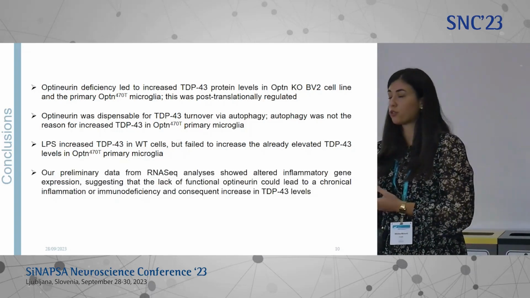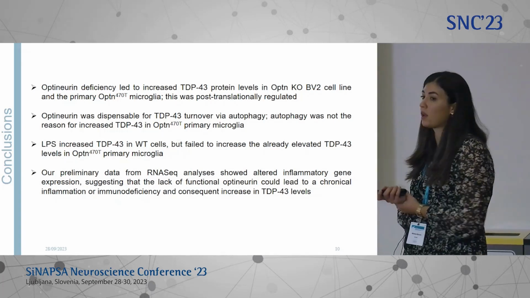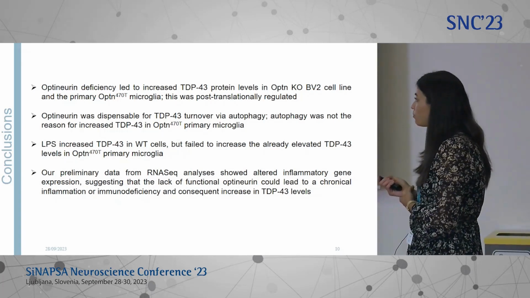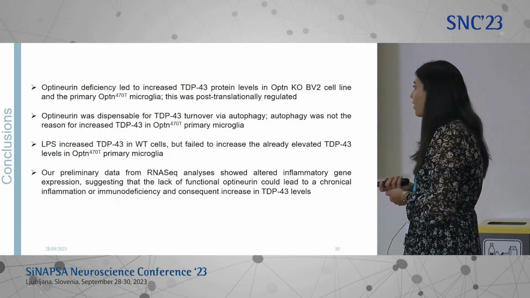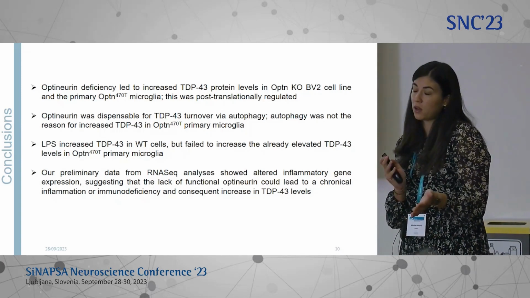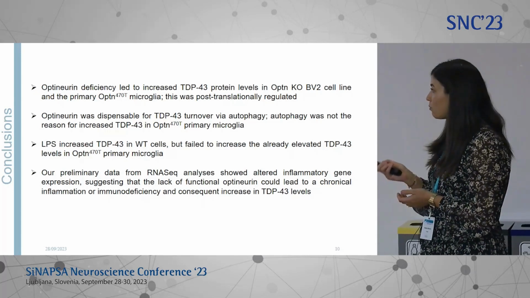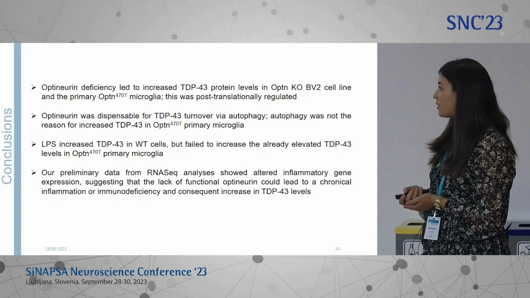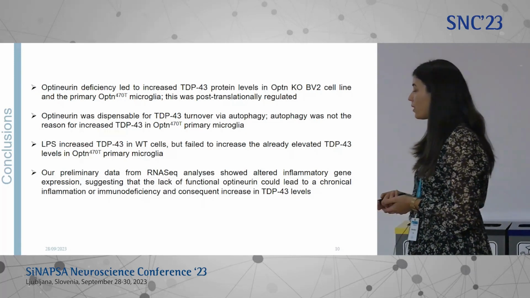And I showed you that our preliminary RNA-seq data revealed an altered inflammatory gene response, suggesting that lack of functional optineurin could lead to chronically activated cells, or cells with immunodeficiency, that can consequently lead to an increase in TDP43 levels.